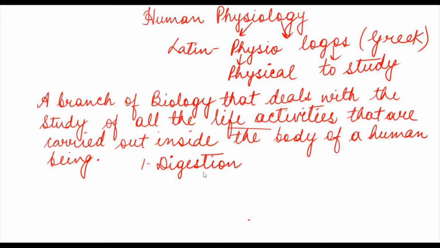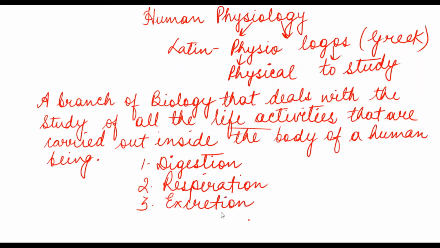Once the food is digested and absorbed by the blood in the form of glucose, the next step is cellular respiration, in which energy is harnessed from the glucose. Third, beta, when there is respiration or any other metabolic activity, obviously some excretory products will be produced, that will be eliminated by the excretory system, and the process is called excretion.